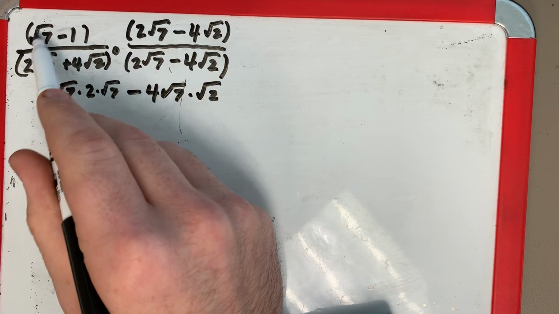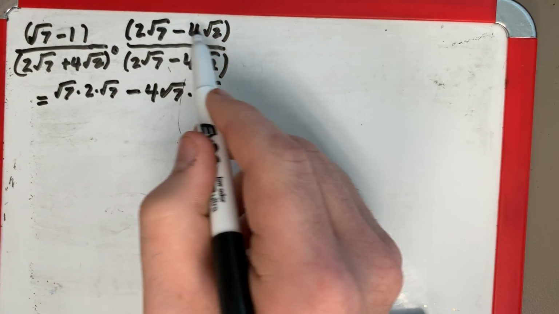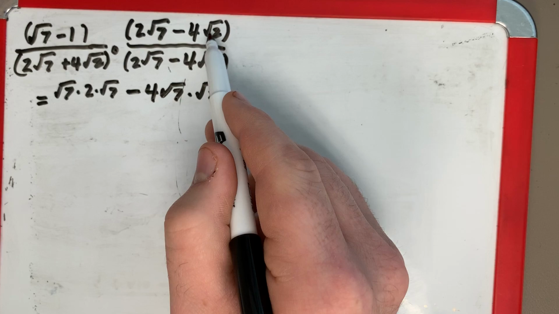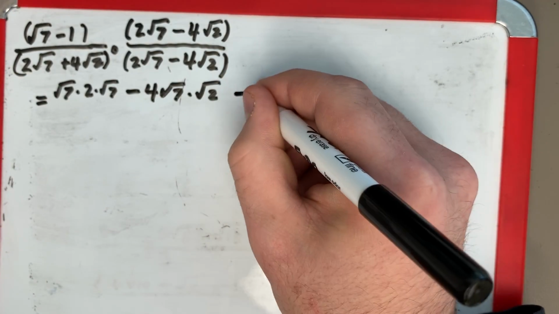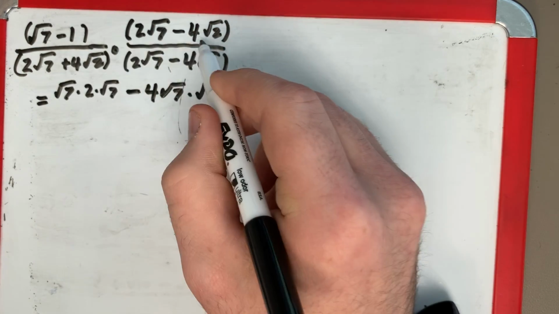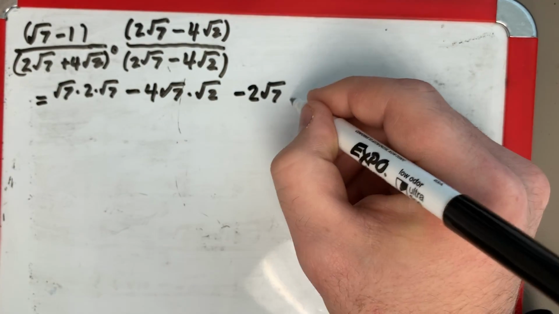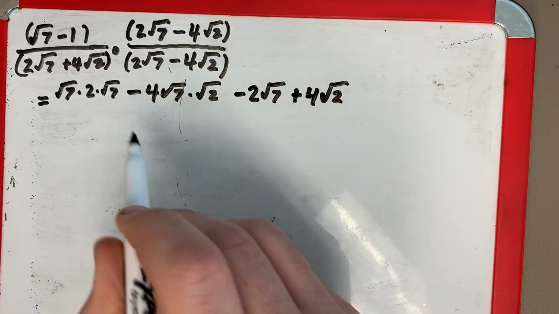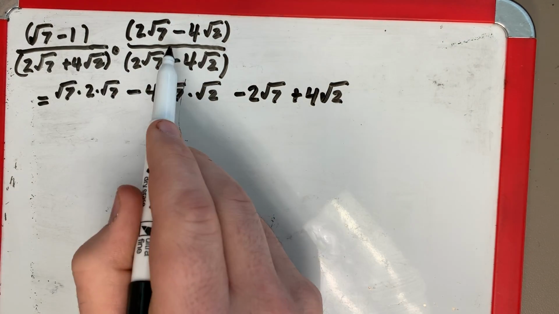So then that finishes up this first thing. I multiplied this times this and this. We're good. Minus 1 times this and this. So we have minus 2 root 7 minus 1 times minus 4 root 2. That gives me plus 4 root 2. And now I've completely FOILed out the top.